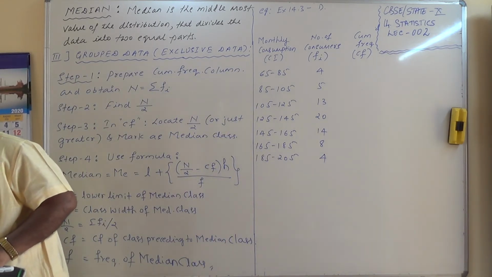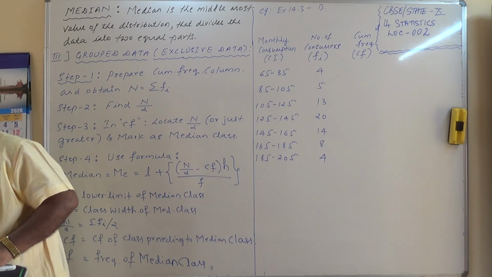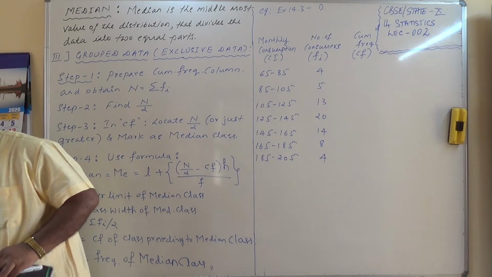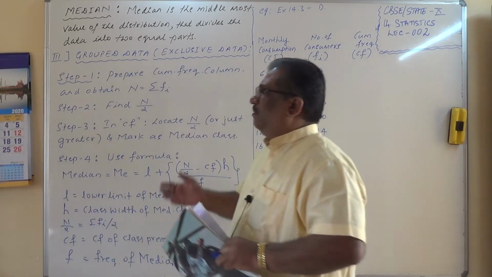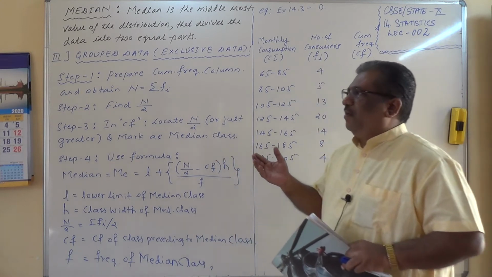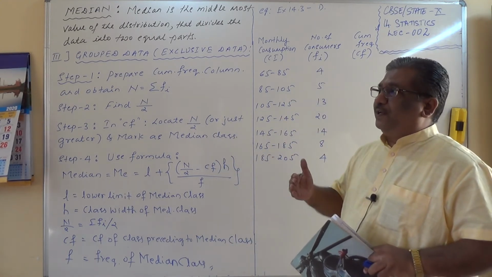14.3. Here the following frequency distribution gives the monthly consumption of electricity of 68 consumers.